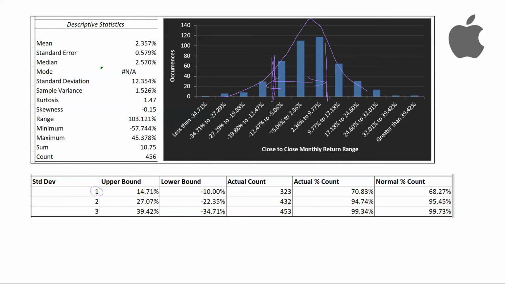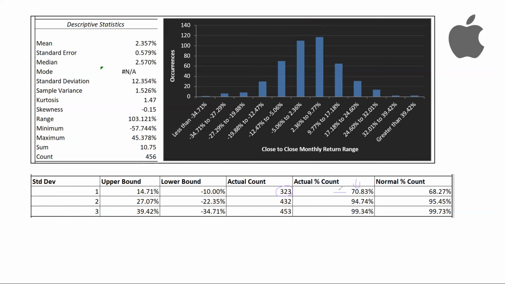And you can see that I have a total of 456 count, meaning I have 456 data points, which means this Apple has a total of 456 monthly data that I can look at. So within this 456 data points, 323 of the months fall between the standard deviation 1, and it accounts for 70%.